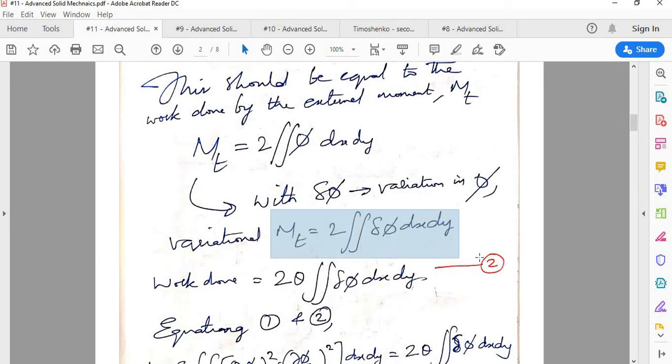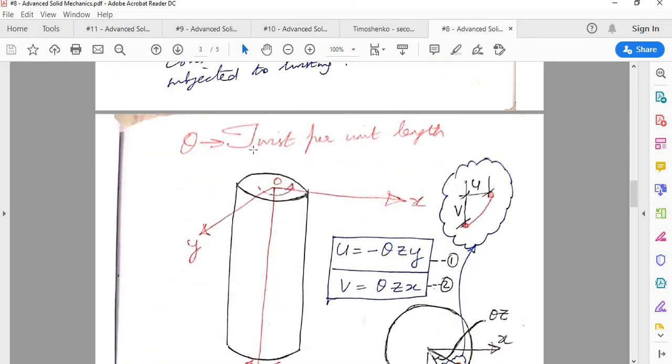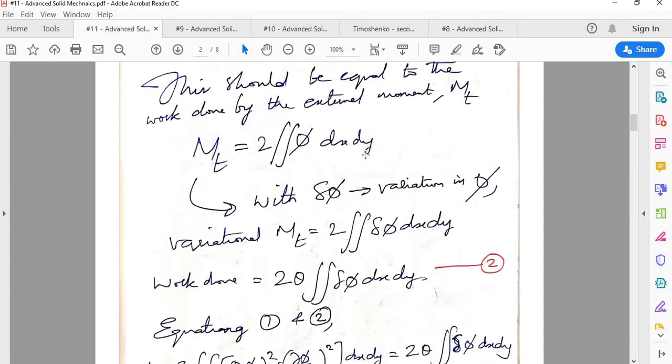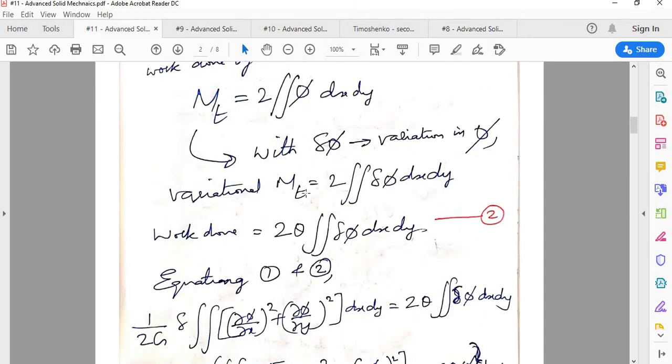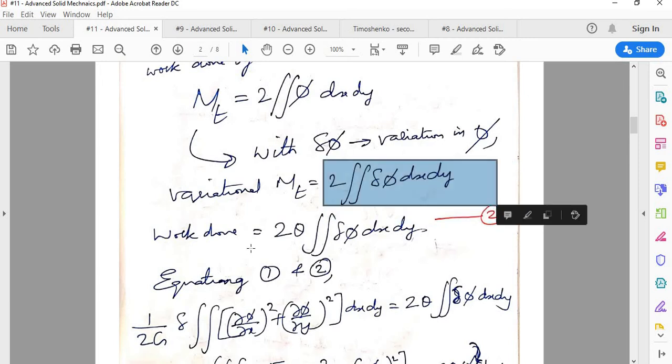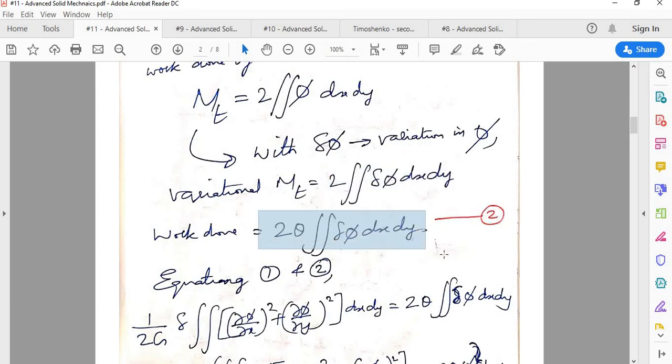So if Mt is the external moment, it will result in work of moment into angle of twist. Here theta is the angle of twist per unit length, remember our earlier definition of theta. So the work done per unit length is nothing but the variation in Mt into theta. So the variation in Mt is this, and to that you multiply theta. So this is the work done during the variation of phi.